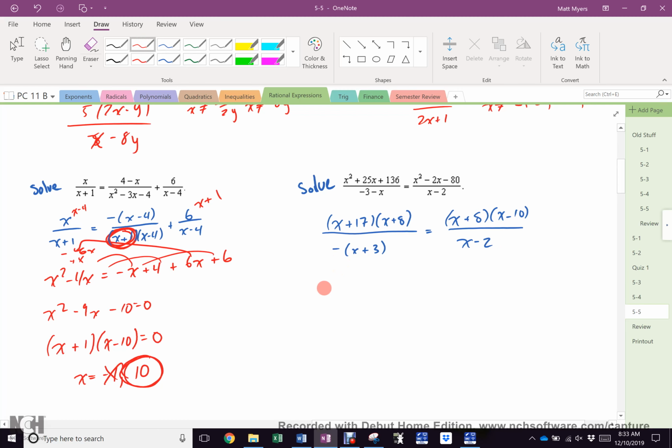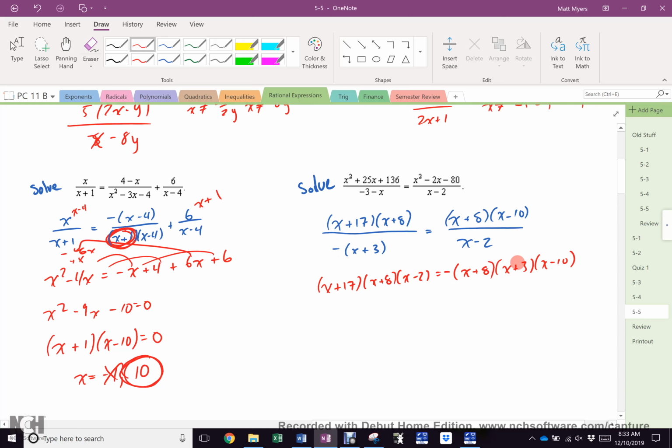Cross multiply. X plus 17, x plus 8, x minus 2 equals x plus 8. Now I'm going to put this negative out in front. X plus 3 and x minus 10. Yes? Everybody's happy there? Okay. Now, this is ugly. We're scared of it, right?